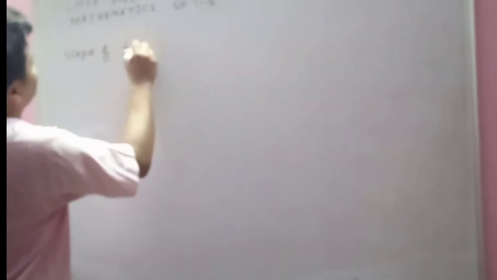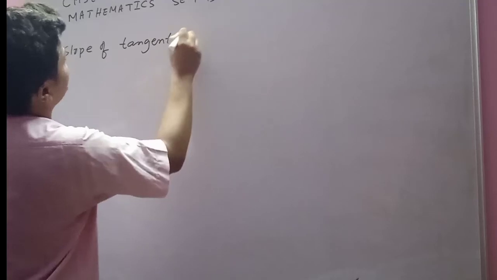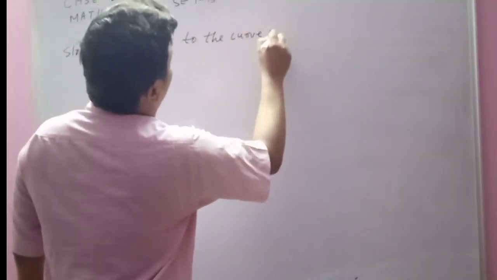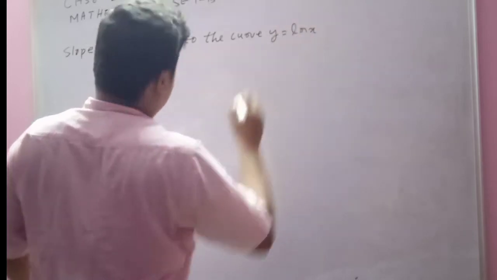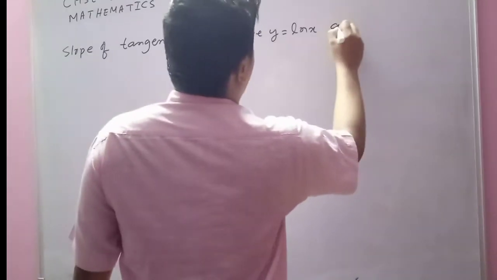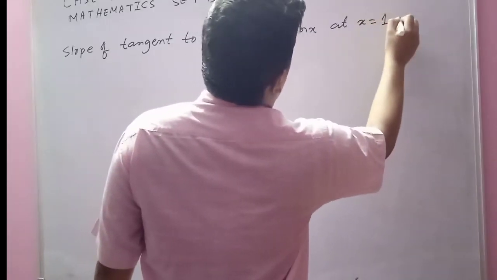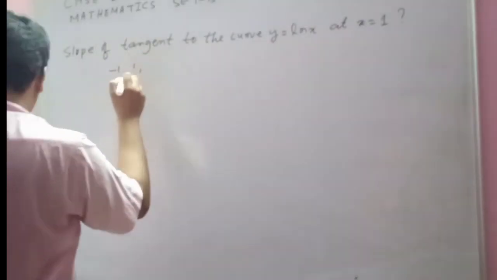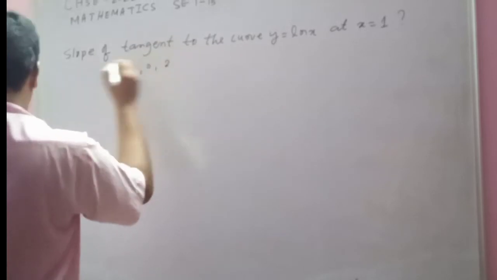Slope of tangent to the curve y equal to ln x at x equal to 1. Options given: -1, 1, 0, 2.